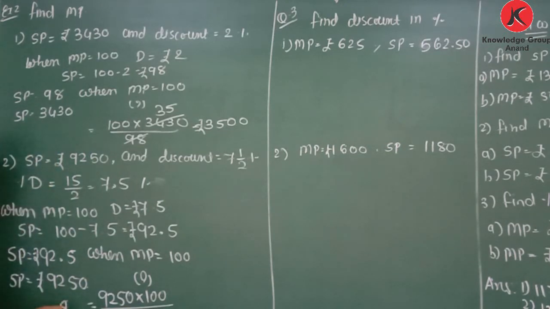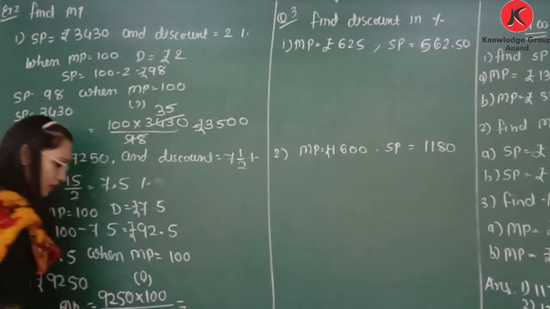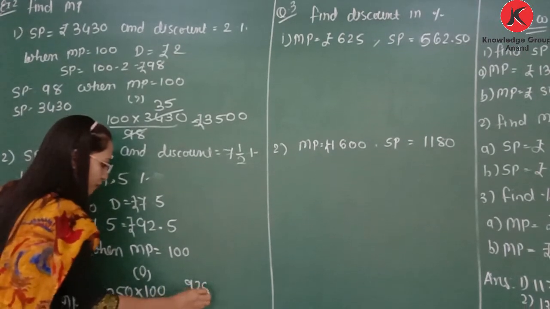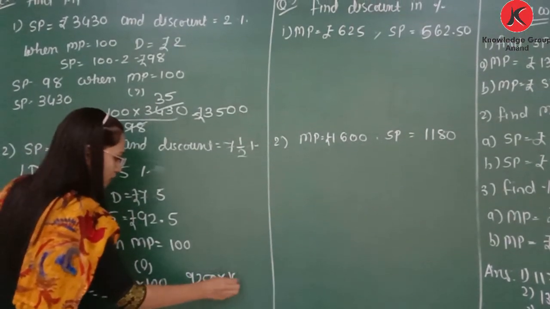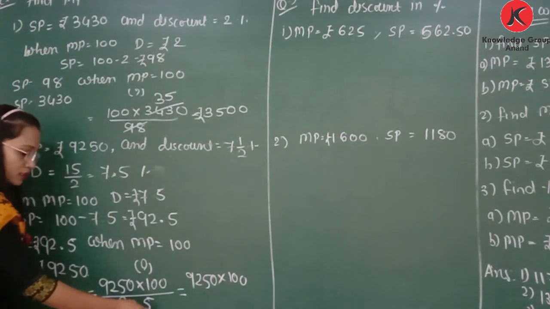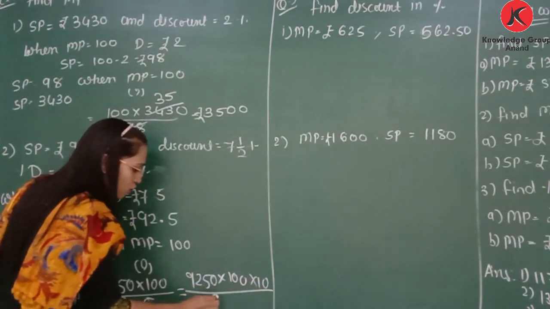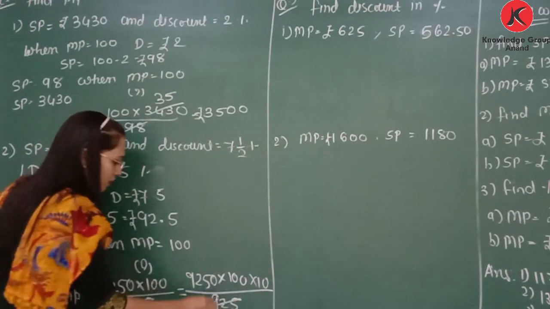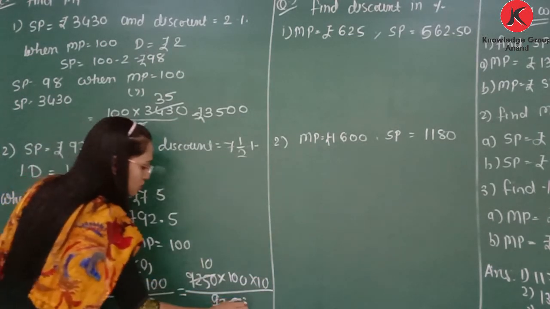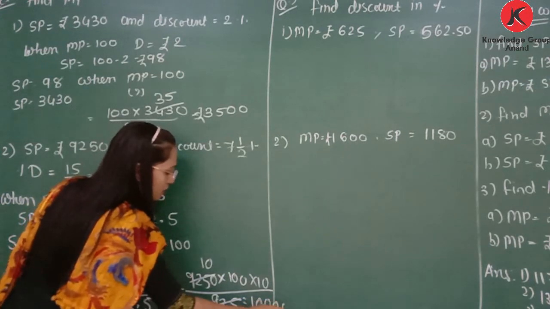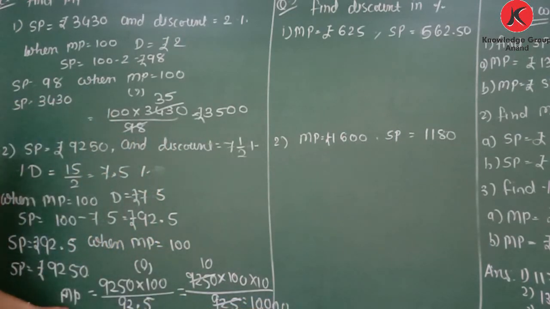That will give our mark price. Now here you can write 9250 multiply 100. There is a decimal point here, so we need to write 10 in the numerator and in the denominator we have 925. So the answer is 10,000, that is our mark price.